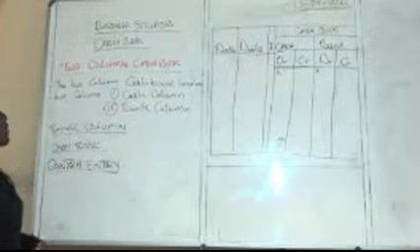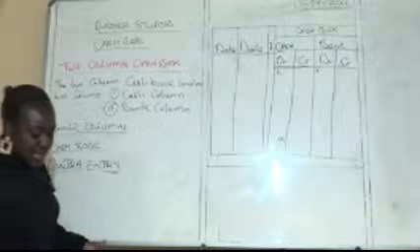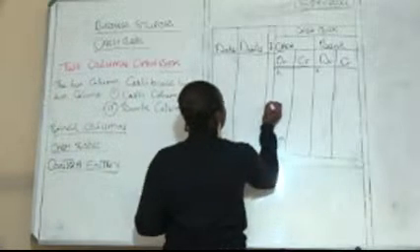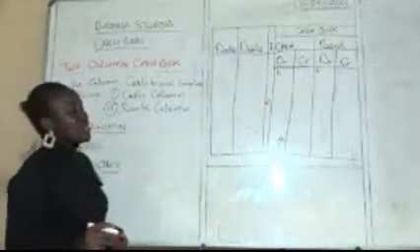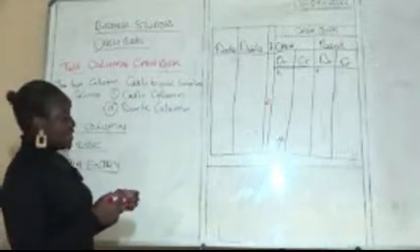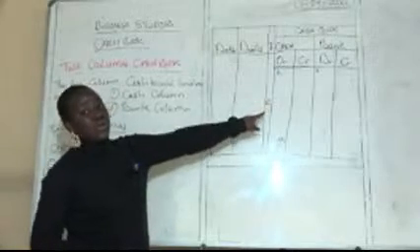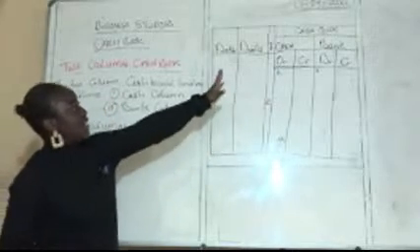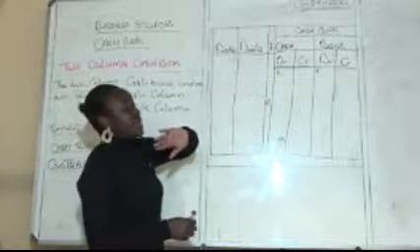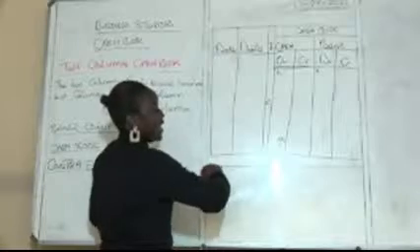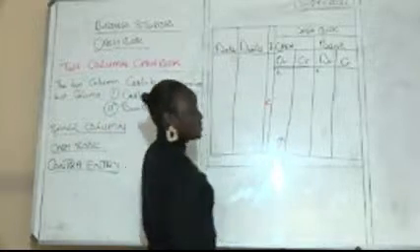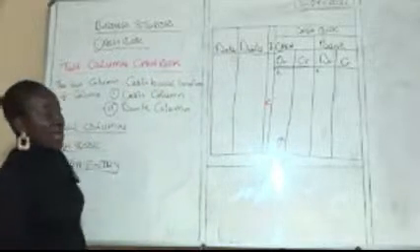So mostly when a contra entry is done, there's a C indicating that it's a contra entry. Once an accountant or accounts clerk sees that, they will know that a contra entry has taken place between the cash and the bank. Sometimes the bank is the one withdrawing and depositing in the cash, or the cash is withdrawing and depositing in the bank.